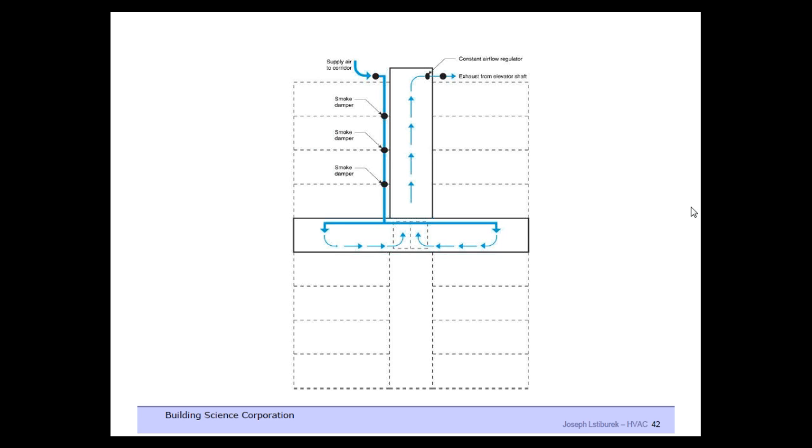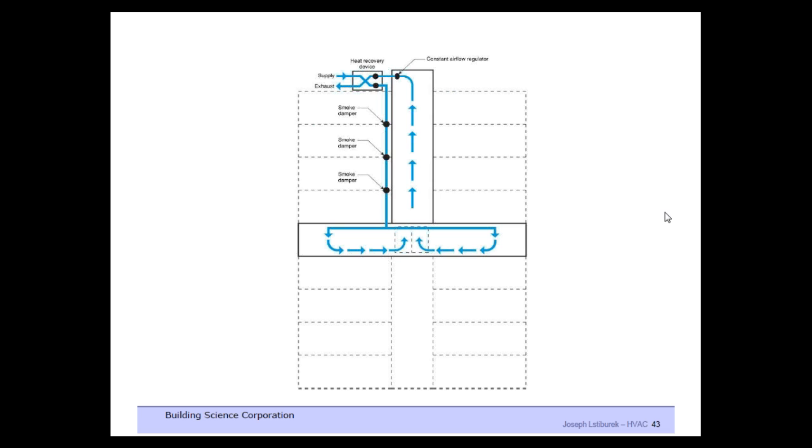I've seen in the hotel industry the interlock of air from a rooftop supply to corridors with smoke dampers at each floor balanced with exhaust from the elevator shaft. This is sometimes coupled with energy recovery as well. There's the energy recovery.